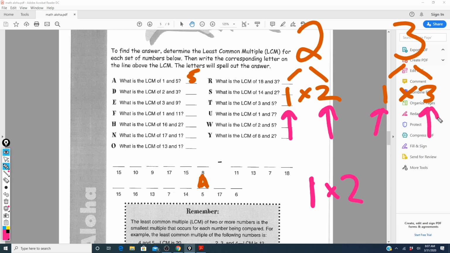So the 3 occurs once. 1 times 2 times 3 is going to be 6. And that is your least common multiple of 2 and 3. So when you look down into your little riddle, you can put the D right there.